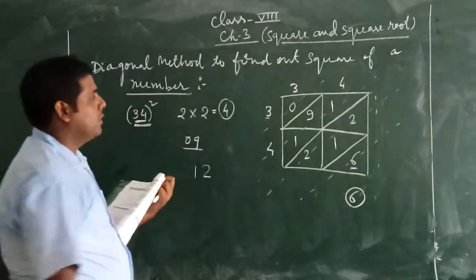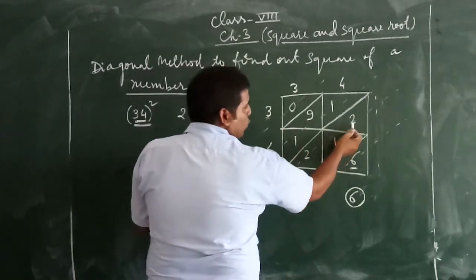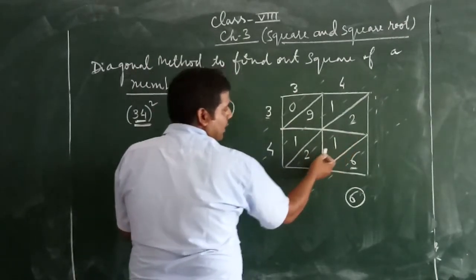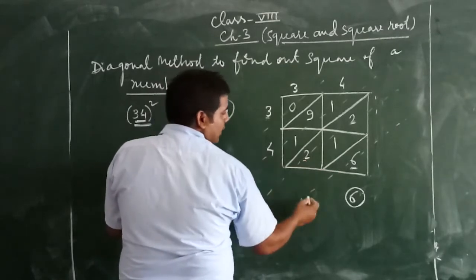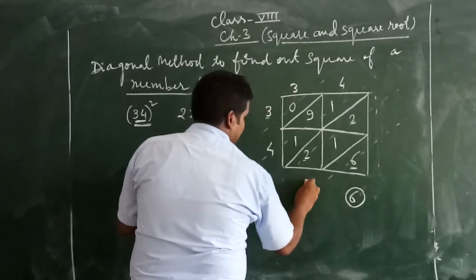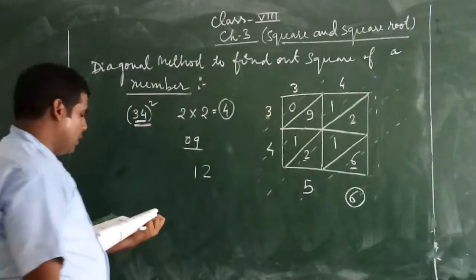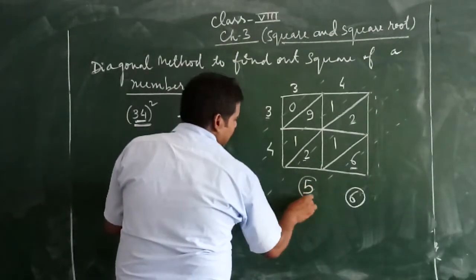Now add the digits in the second diagonal: 2 plus 1 is 3, 3 plus 2 is 5. So write 5 here and circle it.